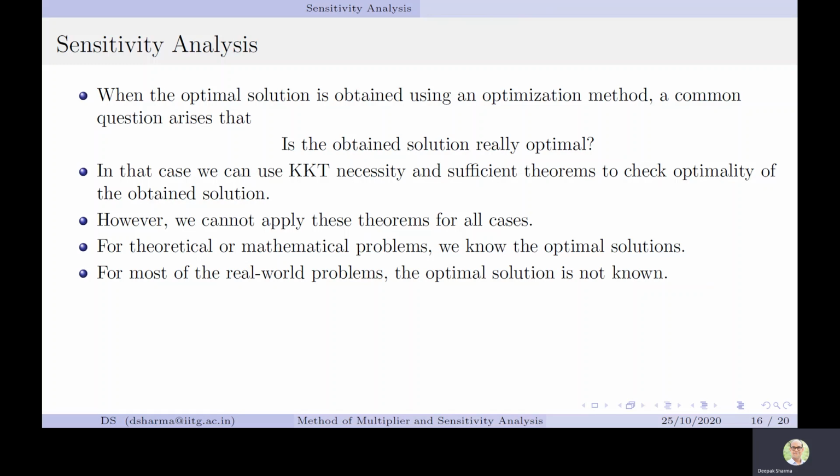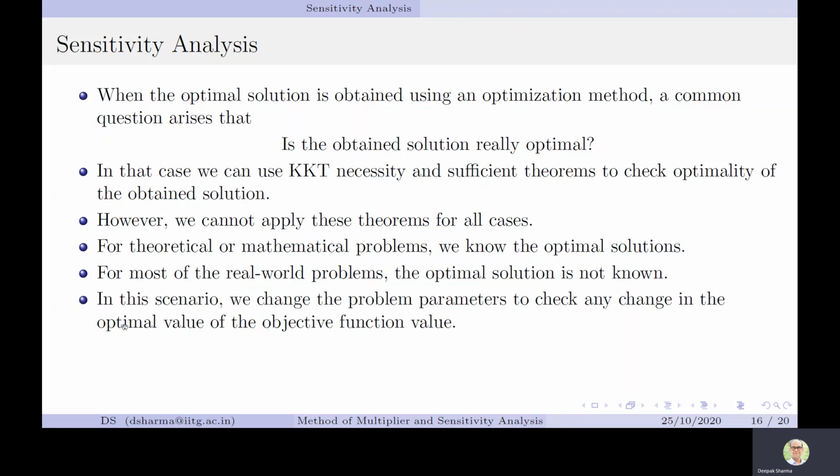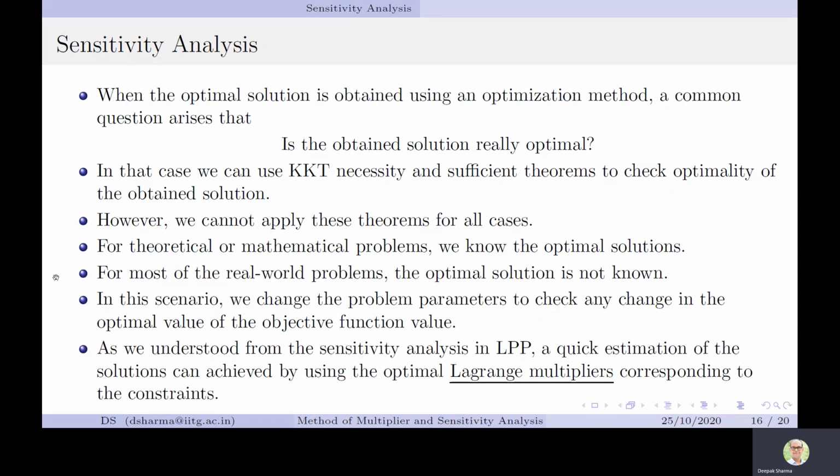So we can always check whether the solution obtained by the optimization method is really optimum or not. But for most real world problems, the optimum solution is not known to us. In this scenario, what we can do is change the problem parameters to check any change in the optimal values of the objective function.